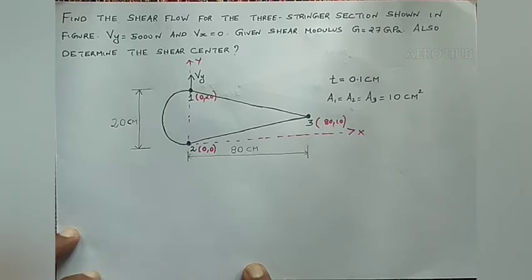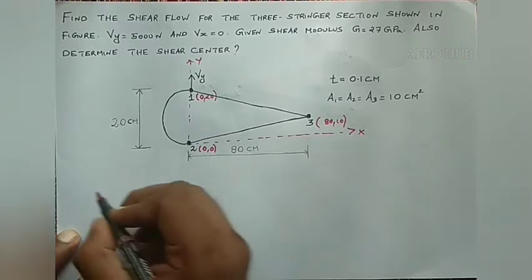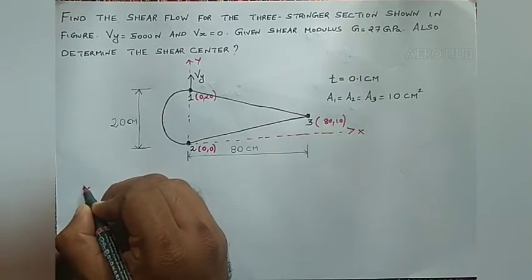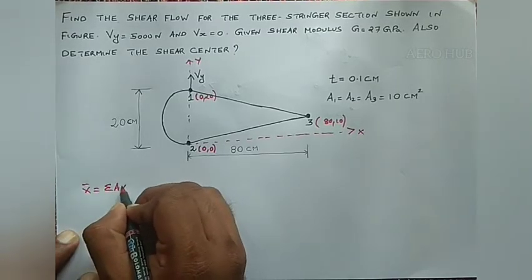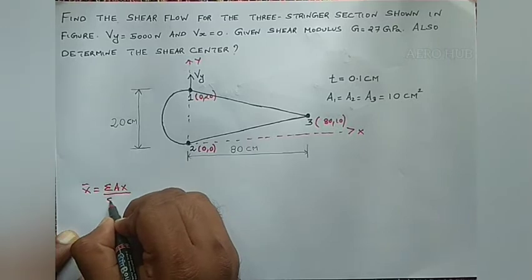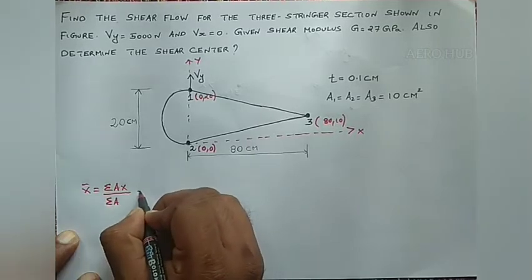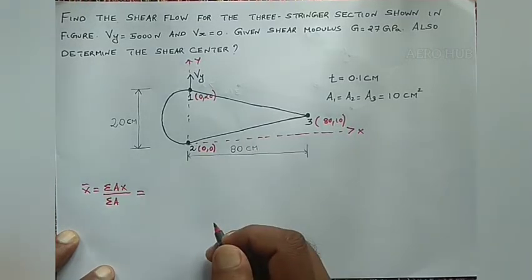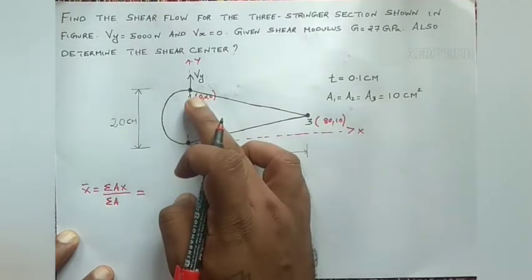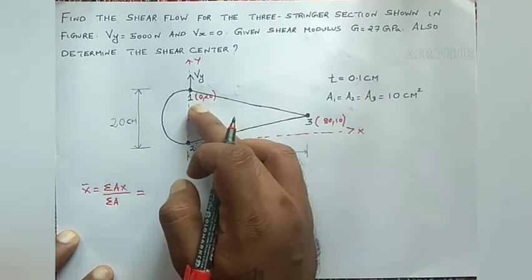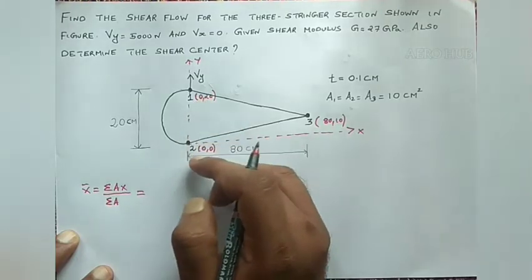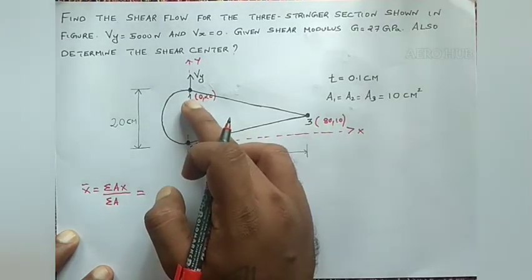Now we have to find out the centroid of the section. We have the formula x bar is equal to summation of A x divided by summation of A. Now we have to consider point 1. The area of the boom is 10 centimeter square and the x distance is 0 because it is lying on the y axis.